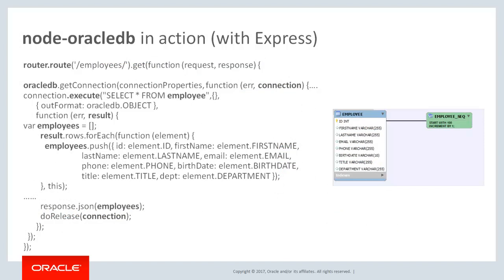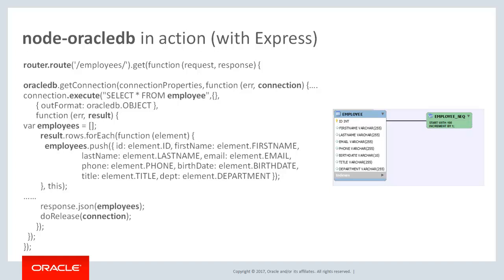This is how a typical implementation looks. In the case of our employee management application, we implement the get all employee functionality in this manner. Using the Node Oracle DB driver, we get hold of a connection, a handle to our Oracle Database Cloud Service, and then we execute our SQL query, which in this case happens to be select star from employee, not surprisingly.